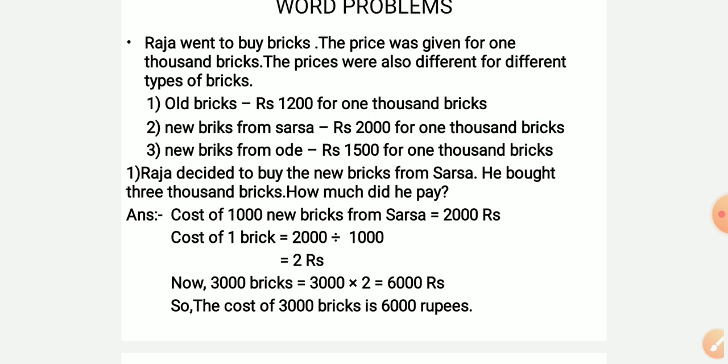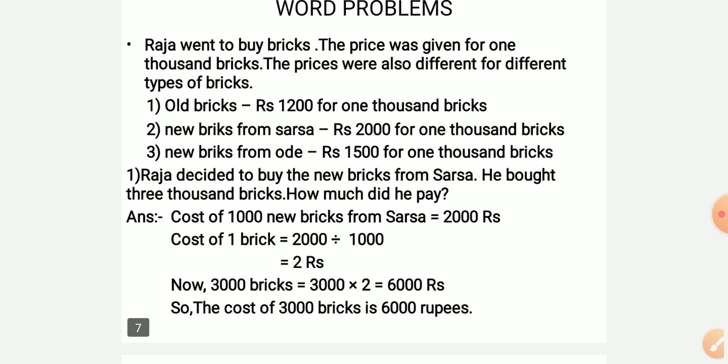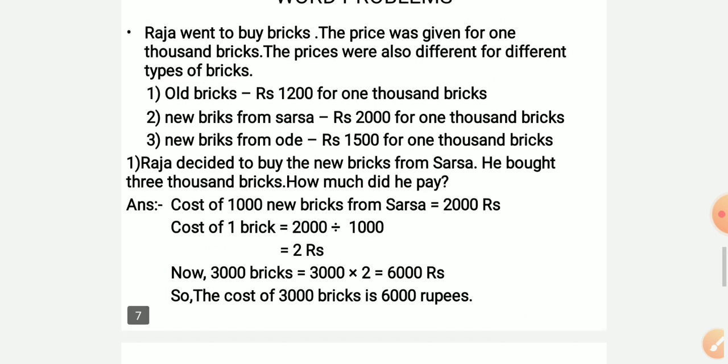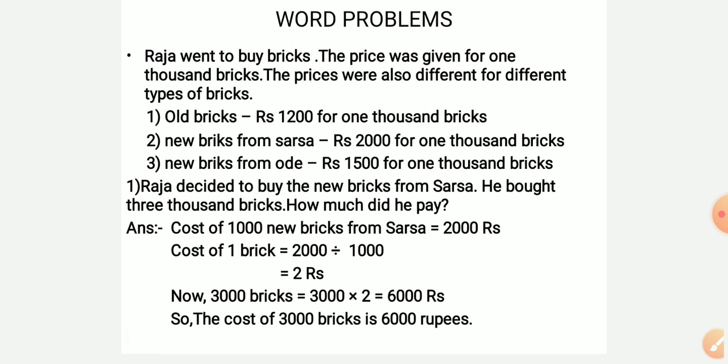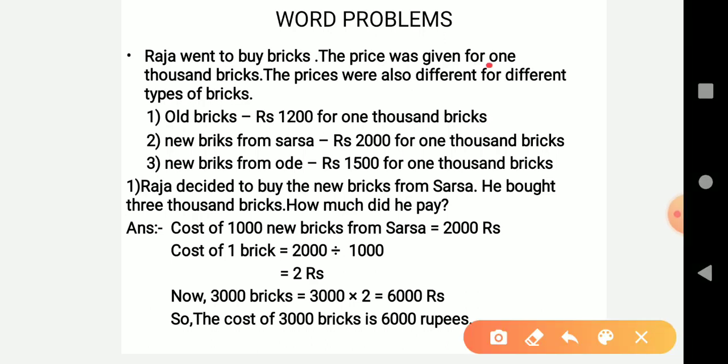Now I will take here word problems. We already learned this type of word problem in the second video. Okay, so the question and the solution are also given in this slide, and I will explain the answer of the question. Okay, Raja went to buy bricks. The price was given for 1000 bricks.